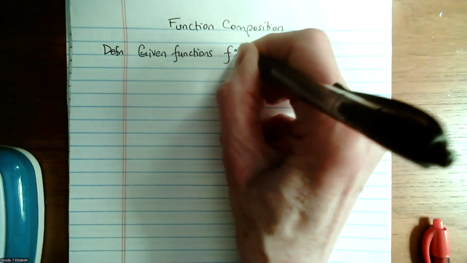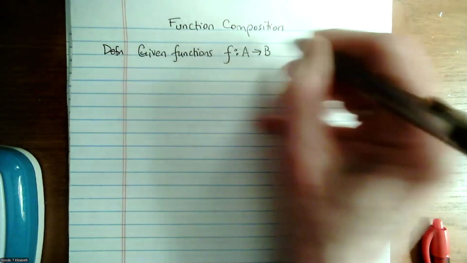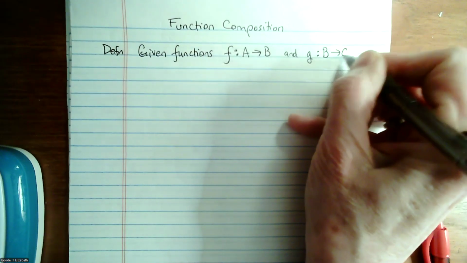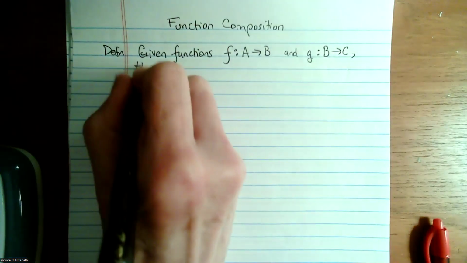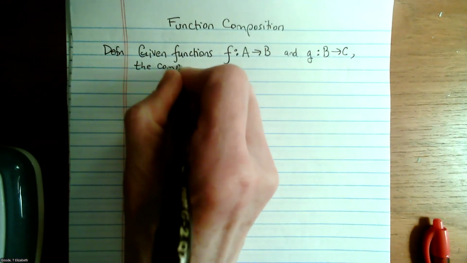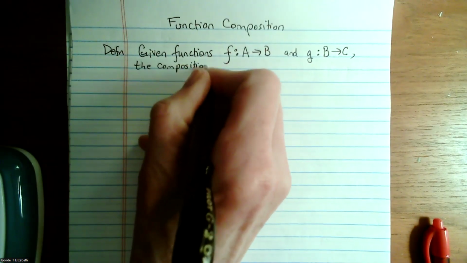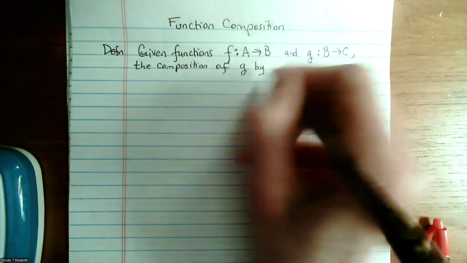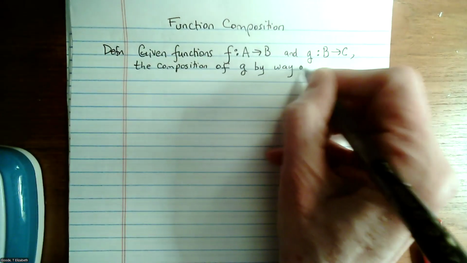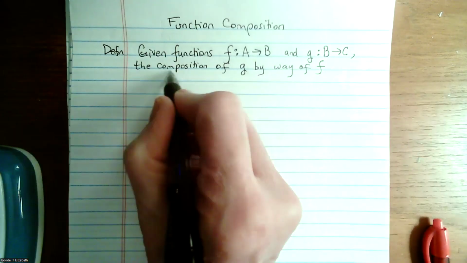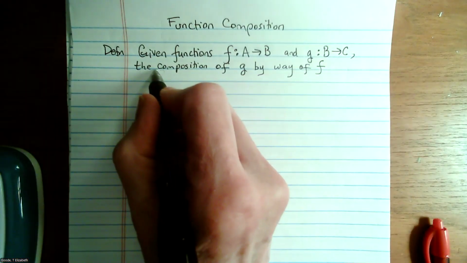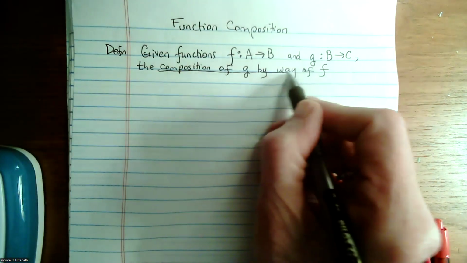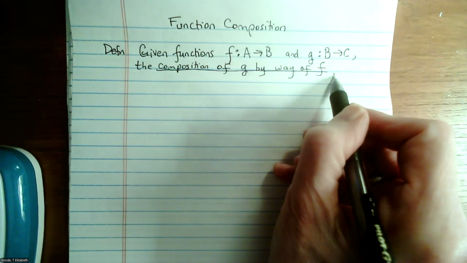F from A to B and G from B to C. The composition of G by way of F. Now that's the long way to say it. The composition of G by way of F. We don't usually say it that long, but I'll write it because it tells a lot.